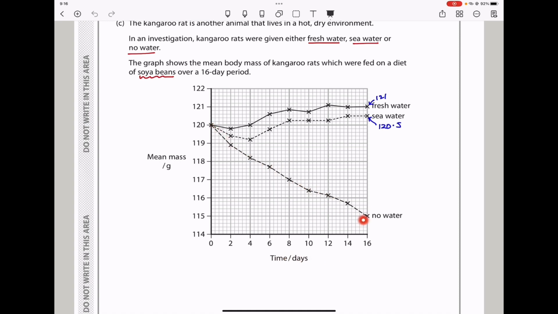Those that were fed on no water had their mean mass decrease. Those that were given seawater, and those that were given fresh water, there was a tiny decrease, and then an increase, and then we see stability being maintained. So, of course, we see whether they were given seawater or fresh water, there is a similar trend, although fresh water had more increase in mass.